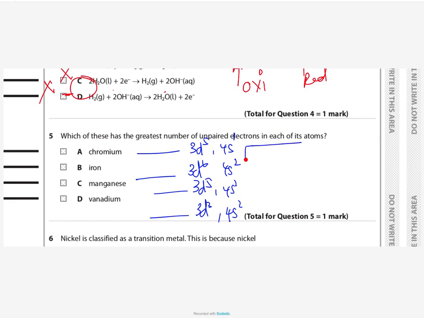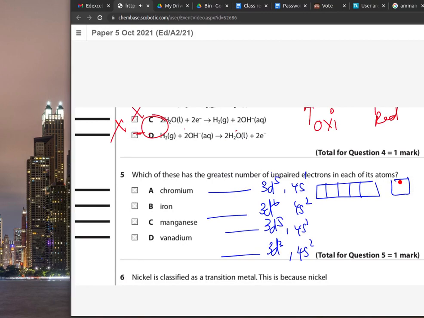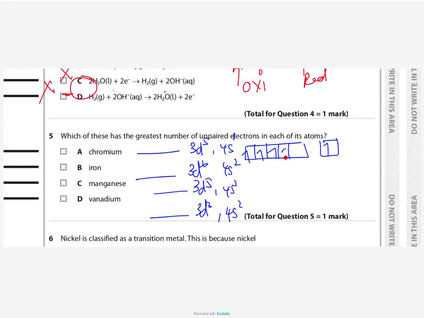Can you see the number of unpaired electrons here? All the electrons are unpaired. 1, 2, 3, 4, 5. In 3d5, as per Hund's rule, electrons occupy as singlets before they're doubly occupied. So this has 6 unpaired electrons. But here you have the 4s2 pair, and the 6 of the d, 1, 2, 3, 4, 5, 6, one is paired.